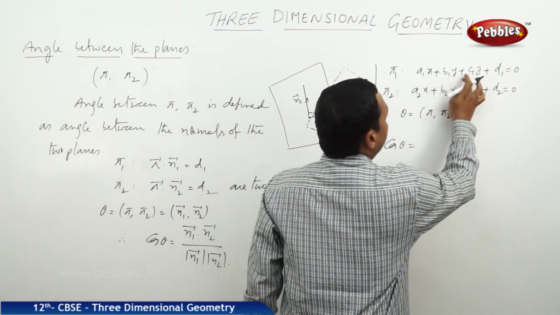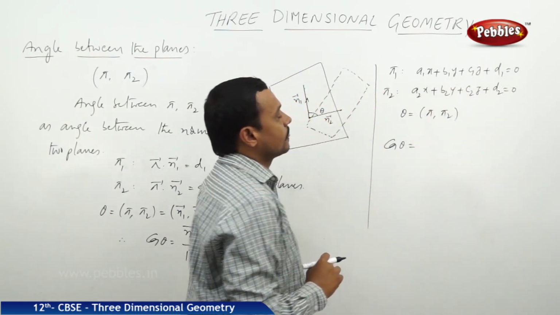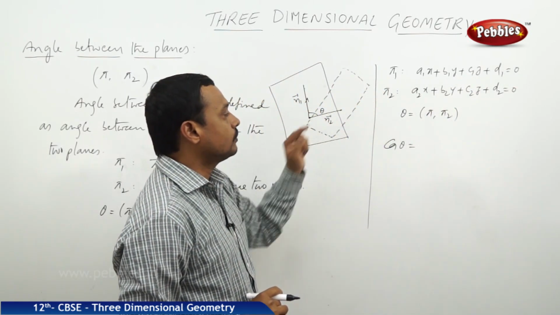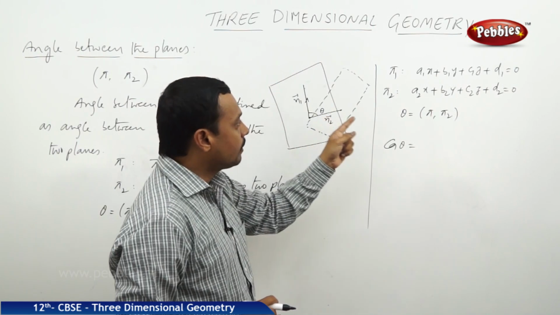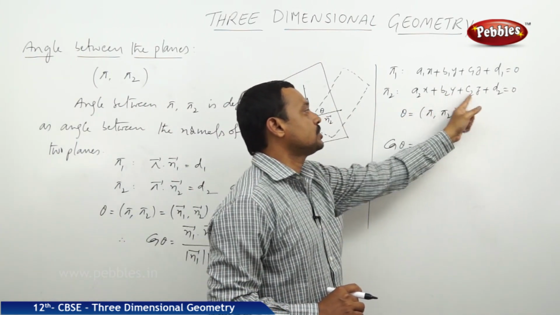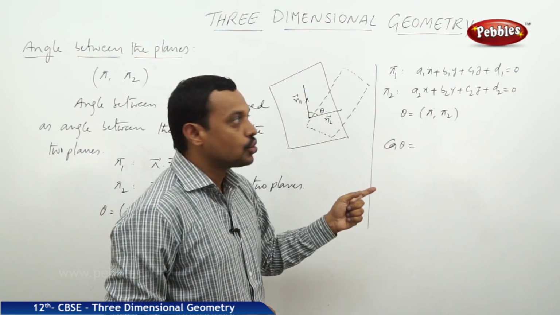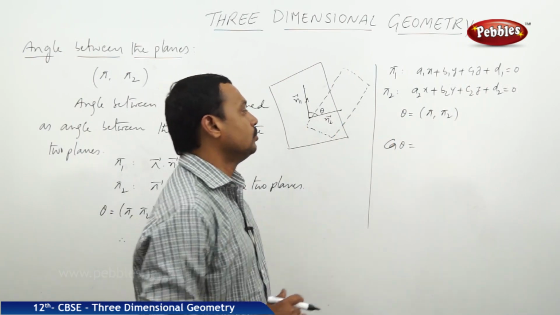Here a1 b1 c1 are the direction ratios of the normal n1, and a2 b2 c2 are the direction ratios of the normal n2.